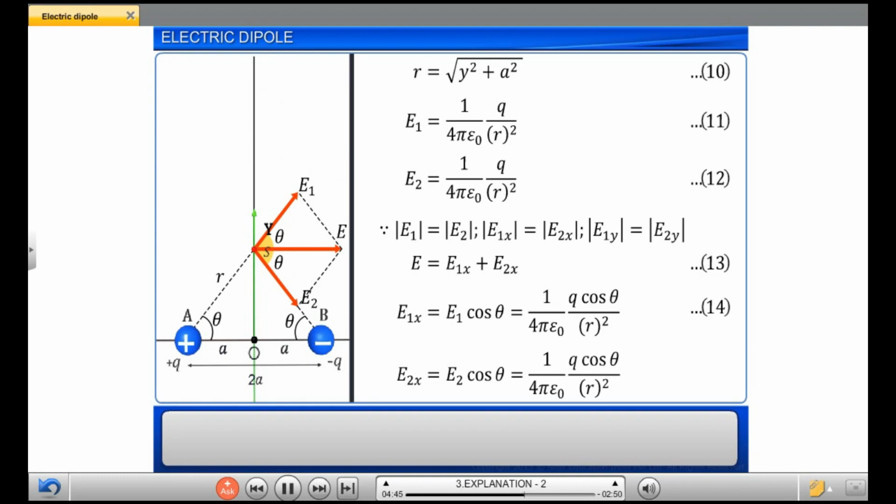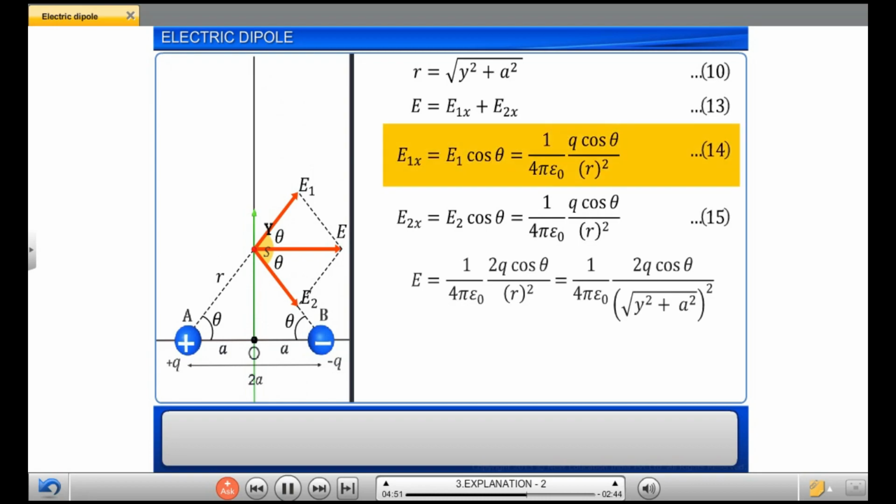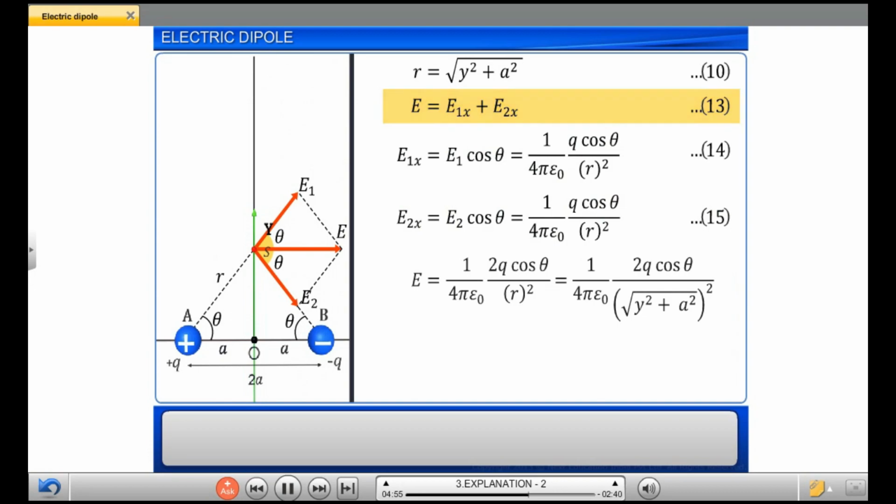Let this be equation 15. Substituting equations 14 and 15 in equation 13 and simplifying, we get the magnitude of the electric field at the point S. E is equal to 1 by 4 pi epsilon naught into 2q cos theta by y square plus a square. Let this be equation 16.